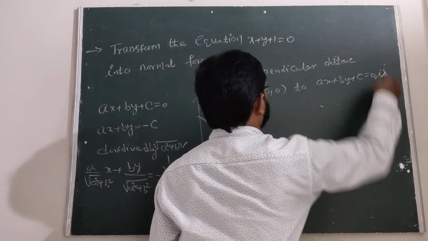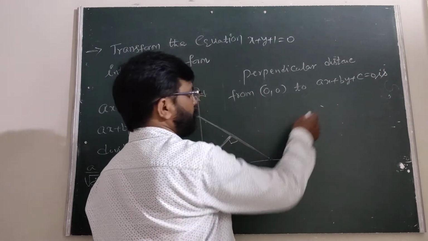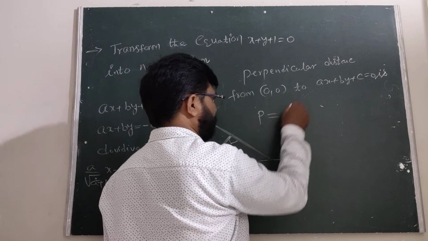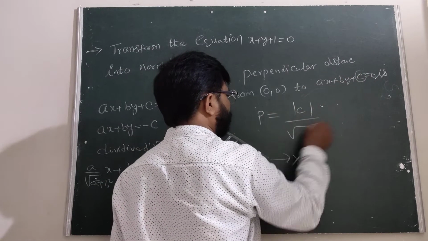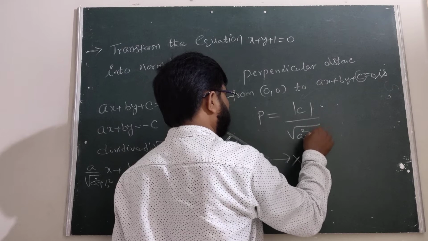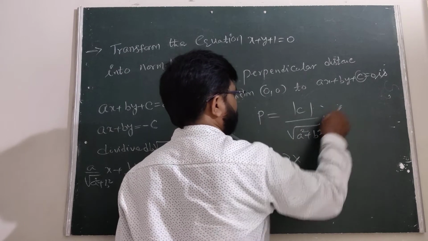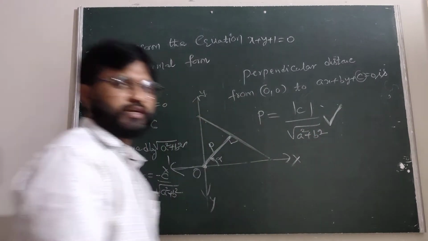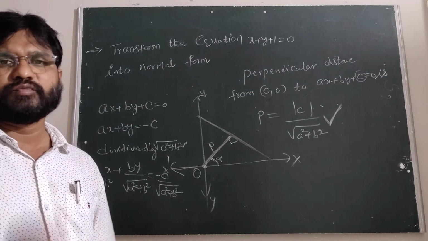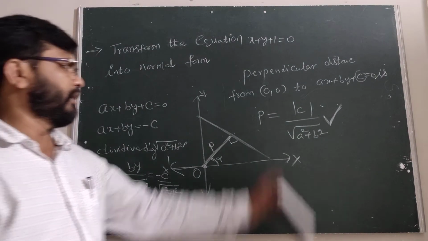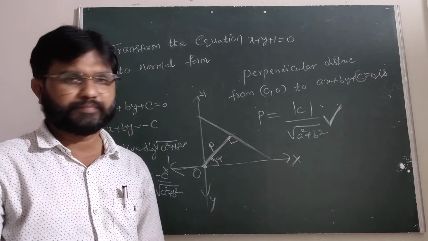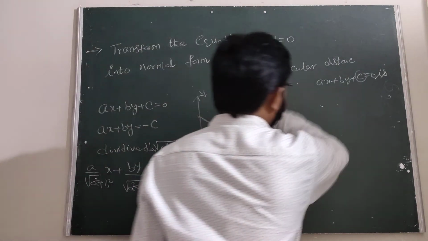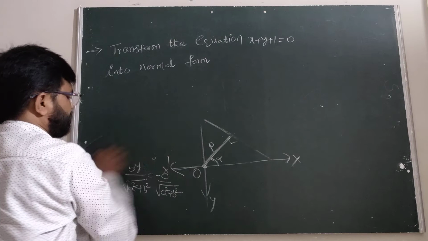The perpendicular distance from origin to the line is denoted by p, that is the modulus of c upon root of a square plus b square. This is the formula of the perpendicular distance from origin to the line ax plus by plus c equal to 0.